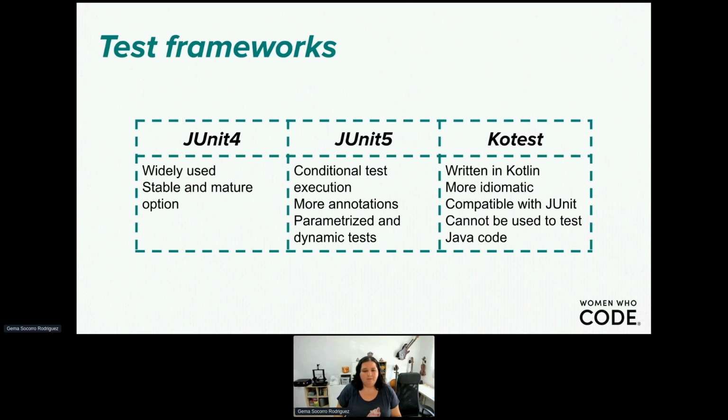For example, you can have parameterized and dynamic tests, where in the annotation you can say the values that you are going to expect, and then you don't have to write a test for every value because it will handle the assertions itself. So it's great, but JUnit 4 is more widely used currently.